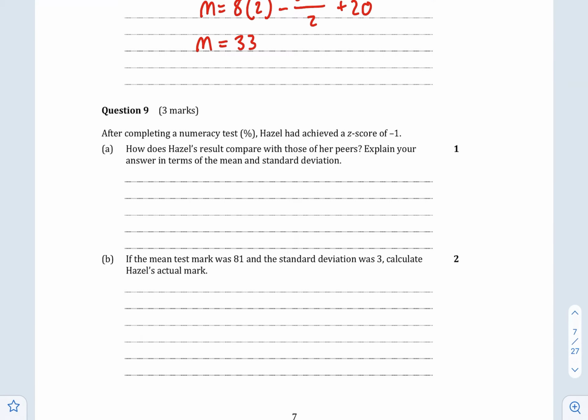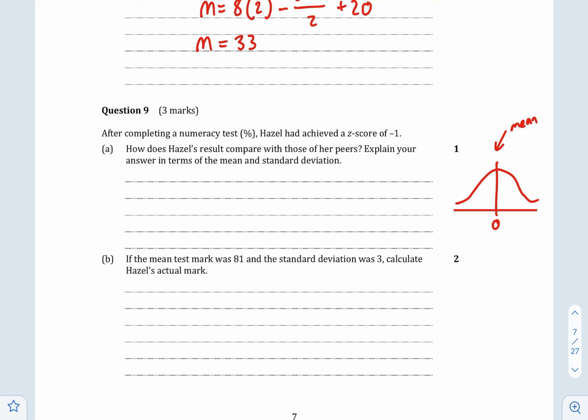Next, after completing a numeracy test in percentage, Hazel has achieved a z-score of -1. How does Hazel's result compare with those of her peers? Explain your answer in terms of the mean and standard deviation. Well, if you remember a normal distribution, something like that, this is the mean here.